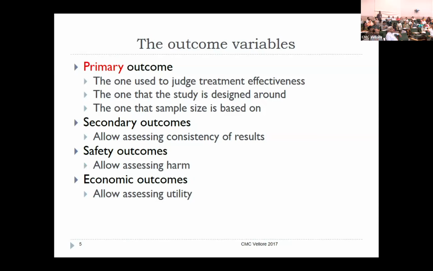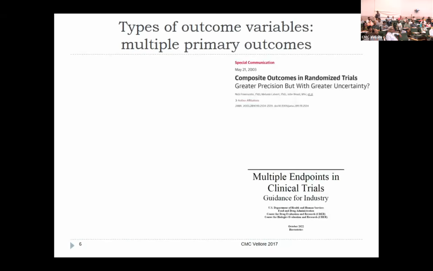The FDA has it also when they get people submitting papers or studies for them, and planning studies. We have different outcomes we're evaluating a new drug on. So they have to deal with this. They came up with guidance for industry, just came out in October of 2022.